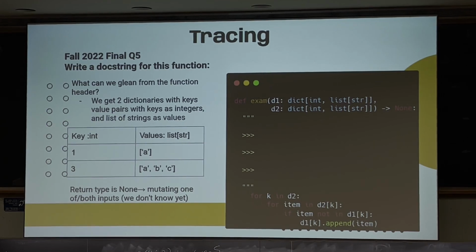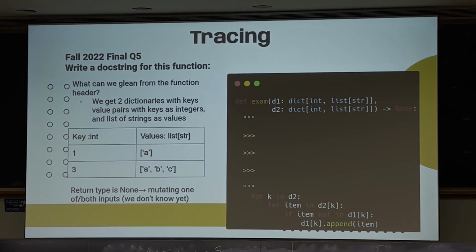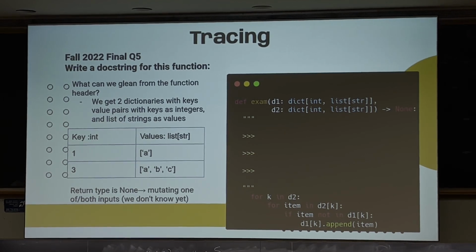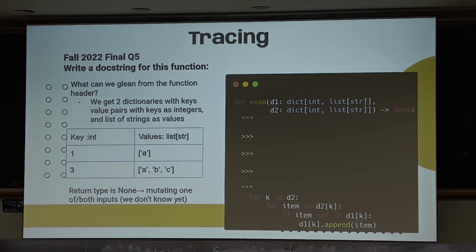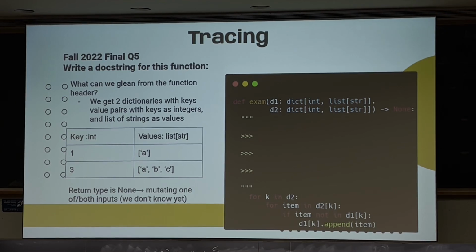So it looks at D2 and all the items in the list of D2, and if an item is not in D1 at that key, then add the item to that list for that key, right? Yes. Yeah, okay, you got it.